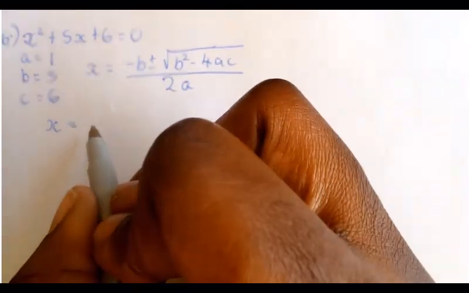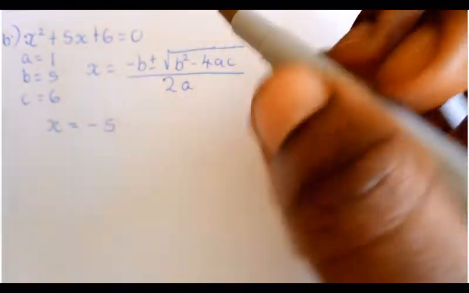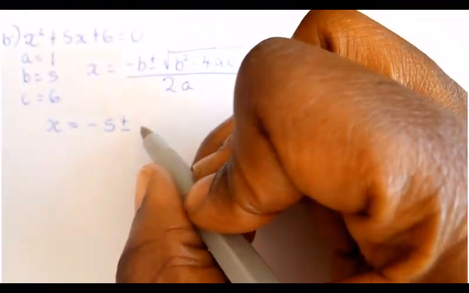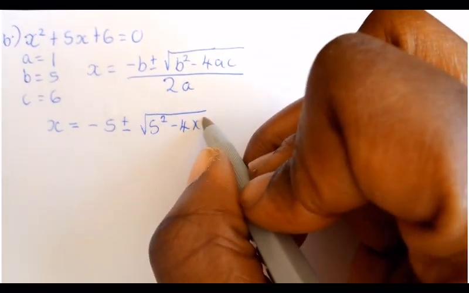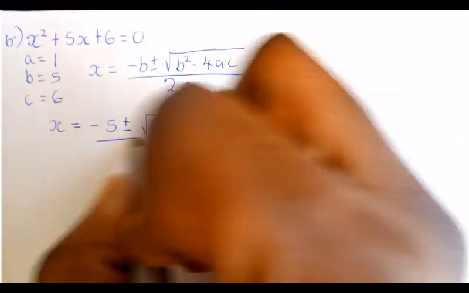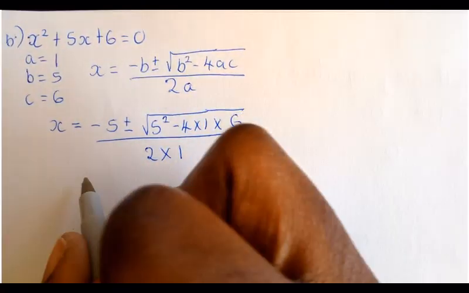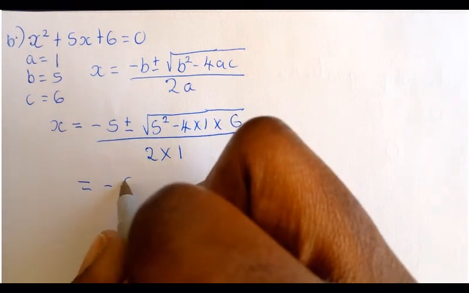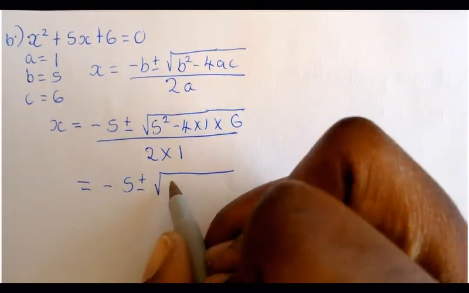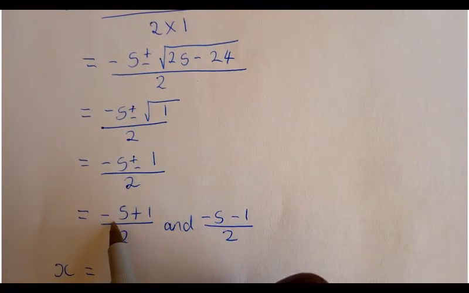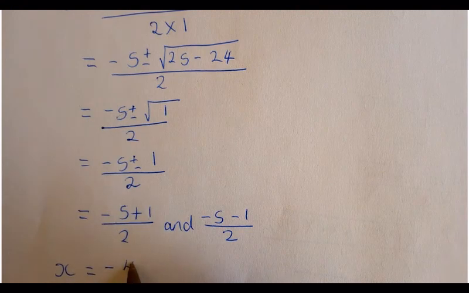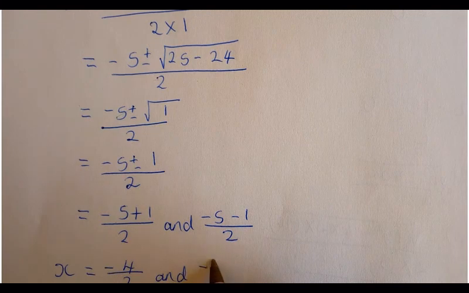It becomes x is equal to minus 5 plus or minus the square root of 5 squared minus 4 times 1 times 6, all over 2 times 1, like this, which is equal to minus 5 plus or minus the square root of 5 squared is 25, right? Minus 4 times 1 times 6, which is equal to minus 5 plus 1 is negative 4 over 2, and minus 5 minus 1 is negative 6 over 2.